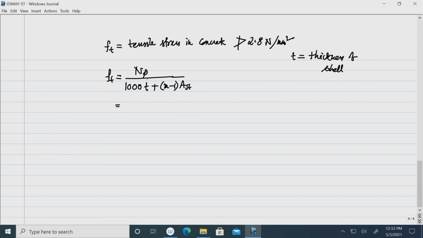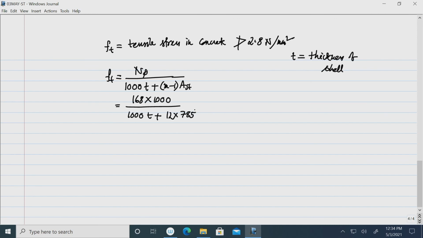So, substituting N phi as 168 into 1000 in Newton, 1000 t, m as 13, so 12 into Ast as 785.